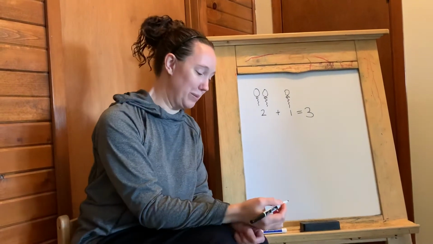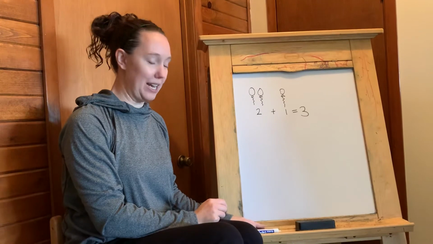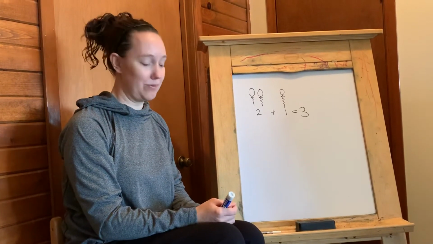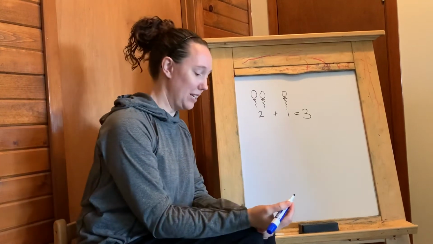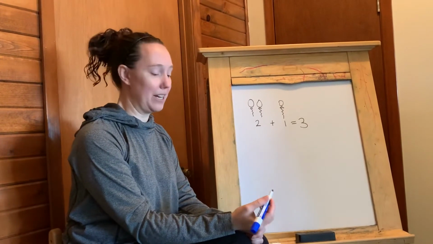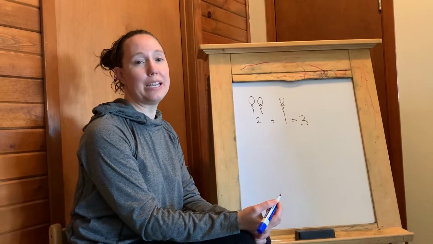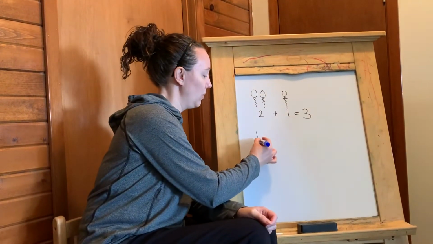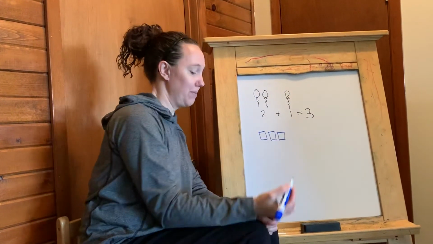Next story problem. Jamal has 3 blue squares and 2 green squares. How many squares does Jamal have all together? So again, I'm going to find my blue crayon or marker and I'm going to draw 3 blue squares. 1, 2, 3.